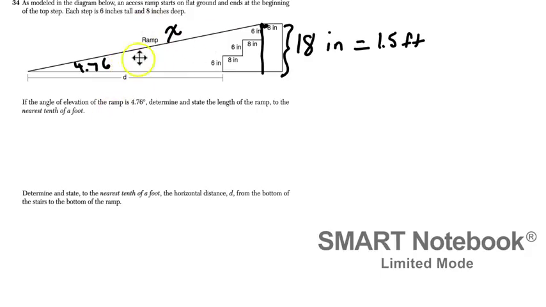So we're going to set up, this is a right triangle. This is my opposite side. This is my hypotenuse.